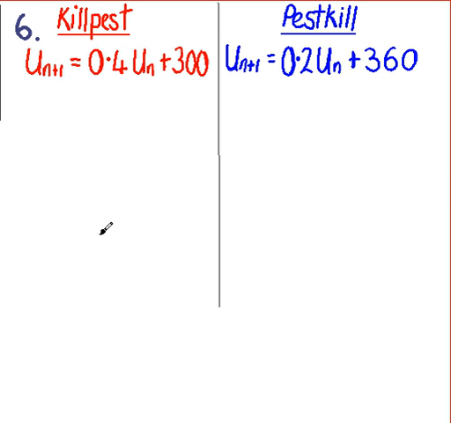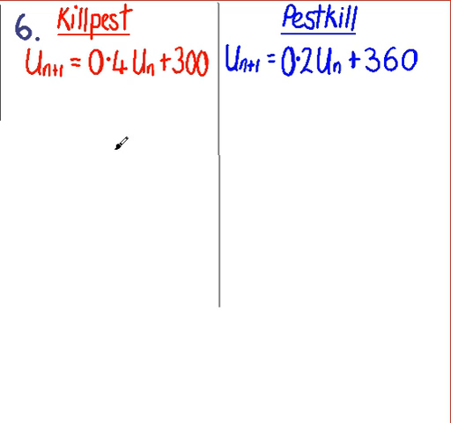The question asks us which pesticide will be more effective in the long term. So as soon as you see the words in the long term, that should make you immediately think of working out a limit. So what we want to do is work out a limit for each situation if a limit exists.